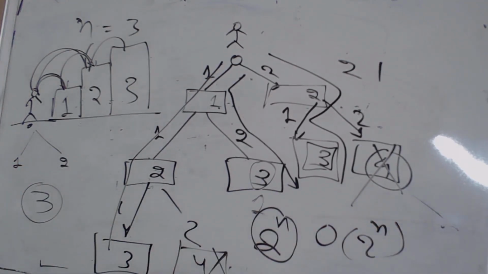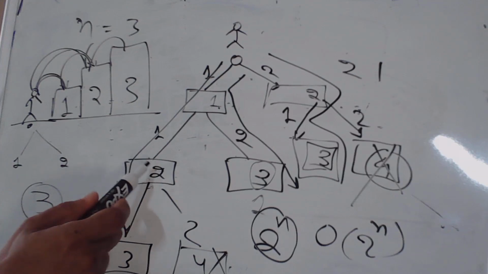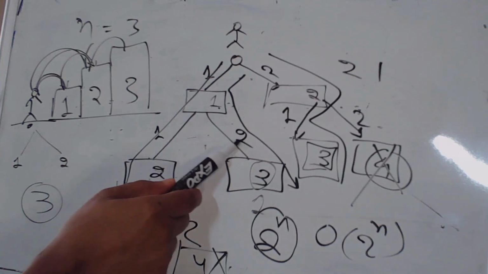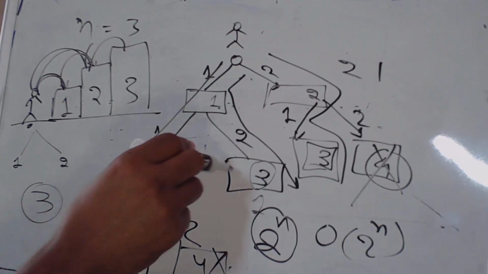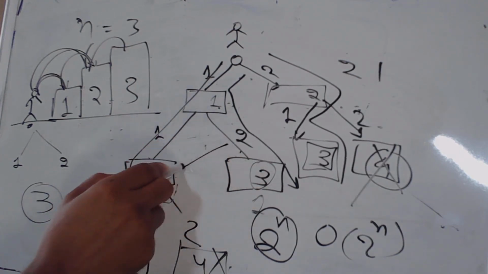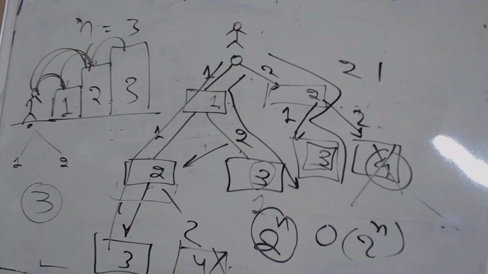But we can optimize it because we're going to 2 here, and again we're going to 2. Once we calculate 2, and the second time we go to 2, we can reuse the last result. By using memoization we can optimize it and increase the performance. But again, this can also be solved using dynamic programming.